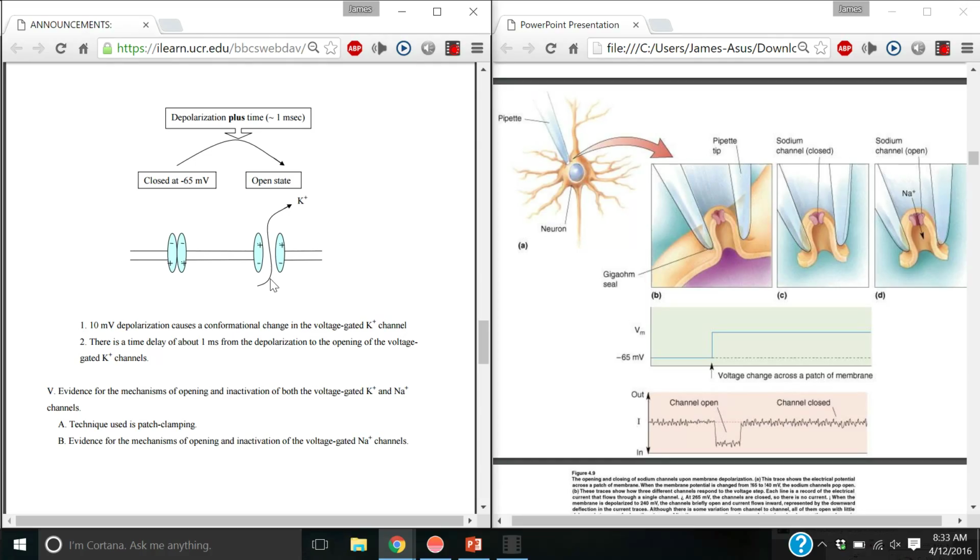It's because these voltage-gated channels are charged that the voltage change can actually exert a force on them that causes their configuration to change. If that charge distribution didn't exist, if it was equal across, then voltage change wouldn't exert a force on these proteins.